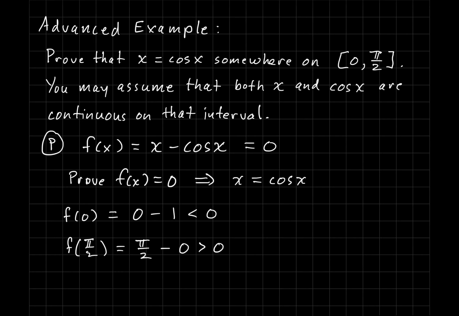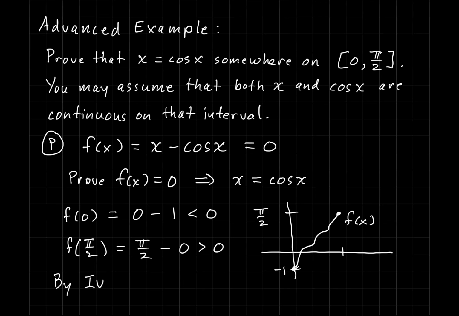So just a very quick sketch. My sketch isn't correct, but just to show what's going on, that if f of 0 is negative 1, and then f of pi over 2 somewhere over here is positive, say pi over 2, and the function is continuous, then clearly f of x must equal 0 somewhere. So by the IVT, f of x equals 0 somewhere.